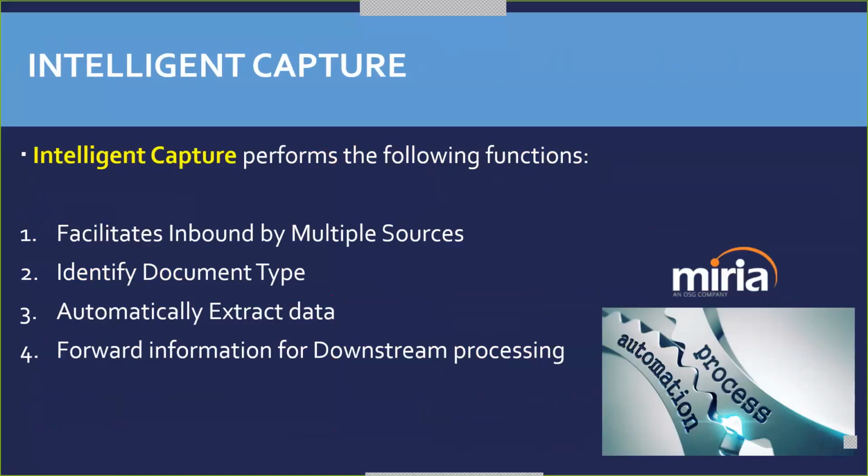And then instead of manually somebody typing the information in, based upon knowing what type of document it is, can I extract the right information from it automatically? In other words, I'm turning what I explained before, which was an unstructured content like a paper or a fax, into data that's more structured. So then I can do something with that information, and then forward that information downstream.